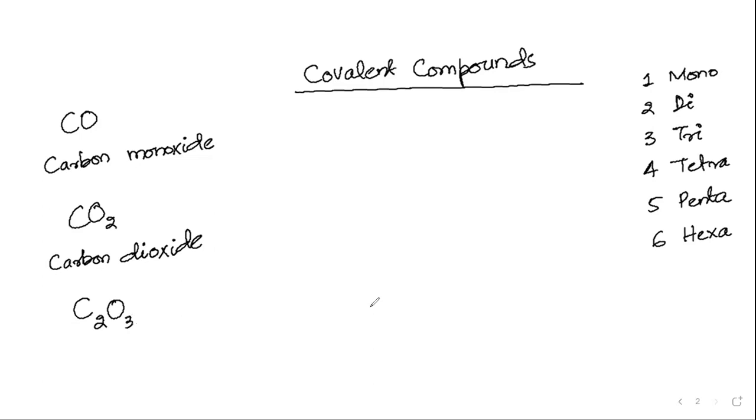What do you think the name would be? Dicarbon trioxide. Right, very good. Now this time we started the name off with a prefix because the number of atoms of the first element wasn't just one. There were more than one. So it would become dicarbon trioxide.